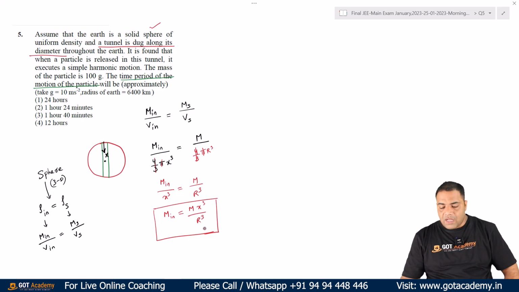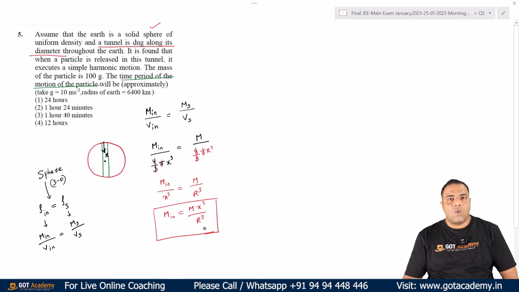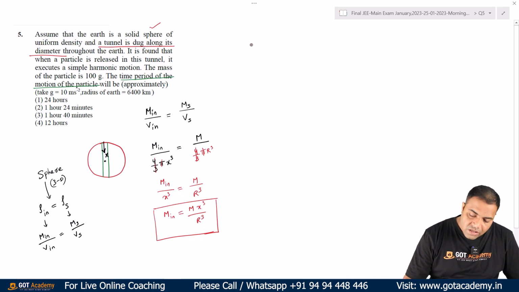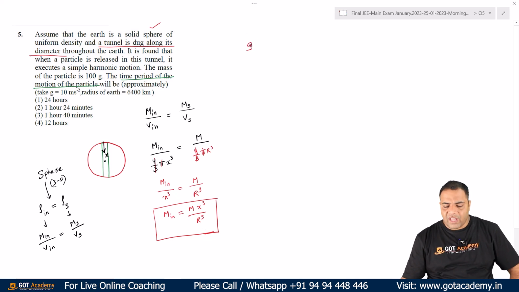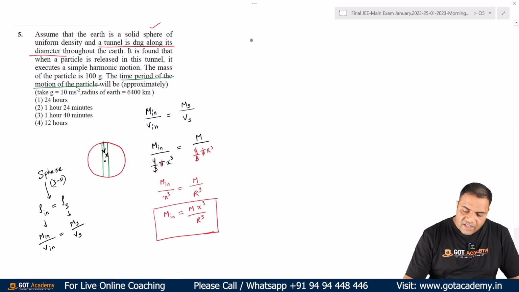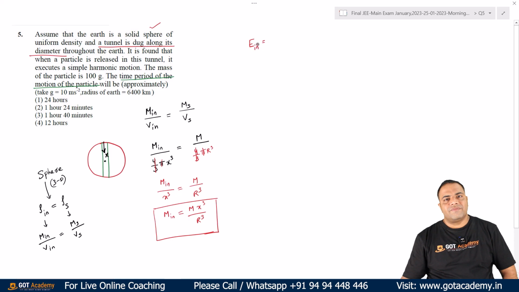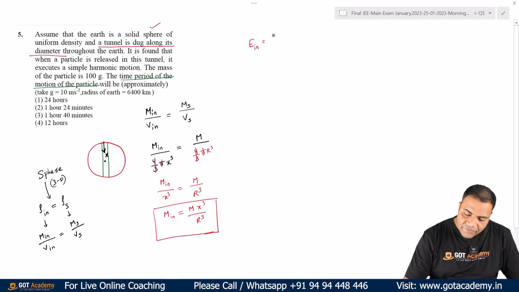Now coming to the g value. g on the surface of earth is g only. But at a depth it is changing, no? So how? So g, or you can write gravitational field, anything, no problem. Okay. So if you write the gravitational field inside, then what is the formula? What is the formula? Okay.